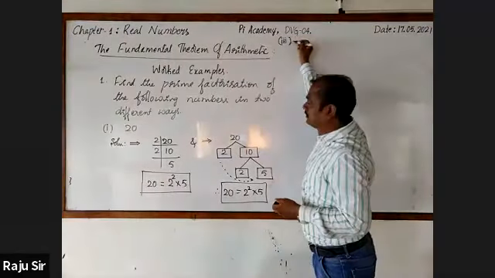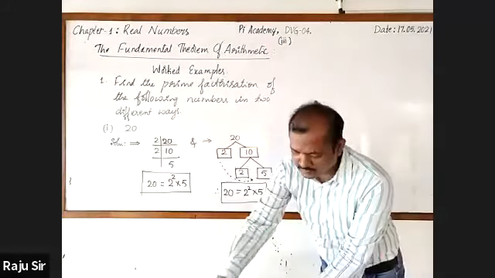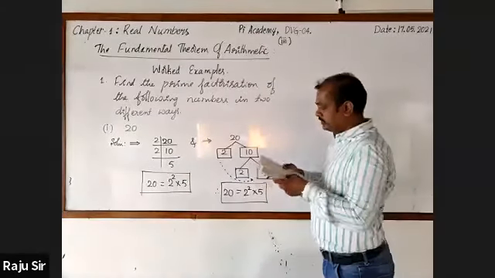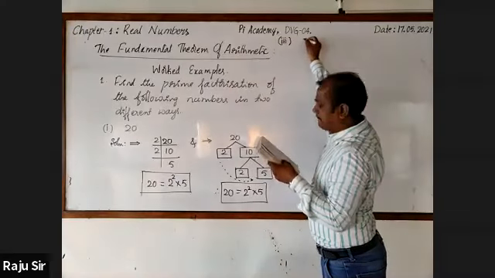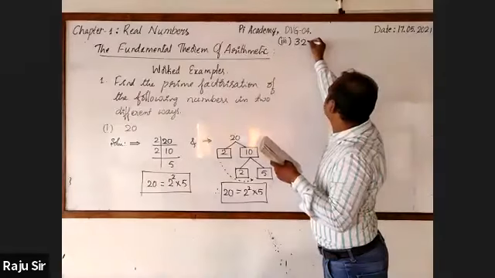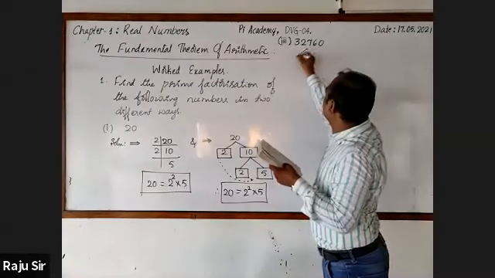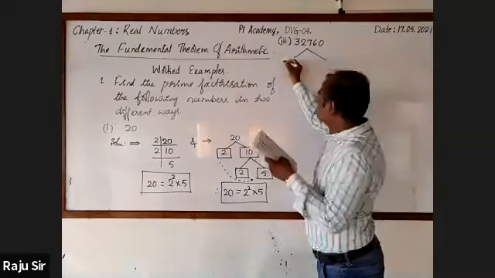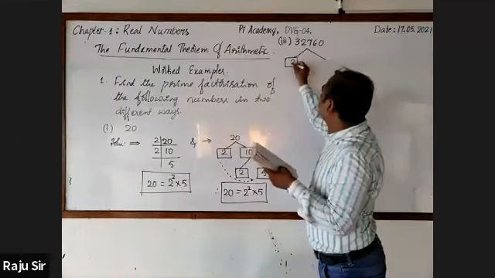And I'll take that number which has been given in the textbook only. This is 32,760, and it has been given like this. Here, this is 2.